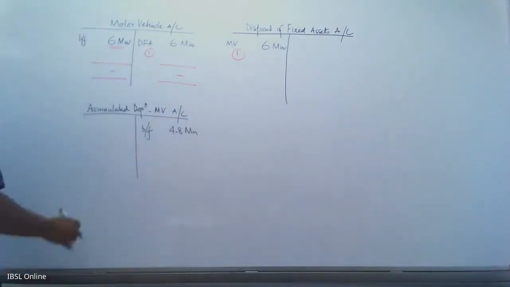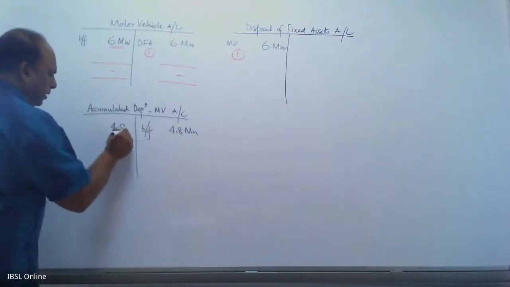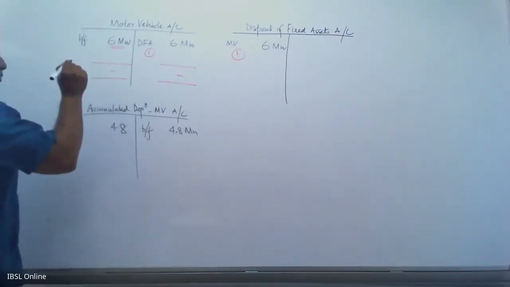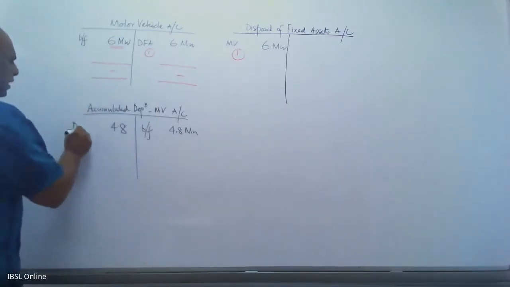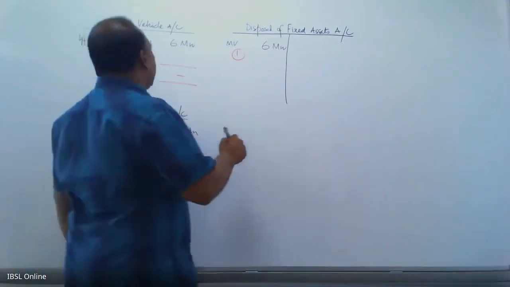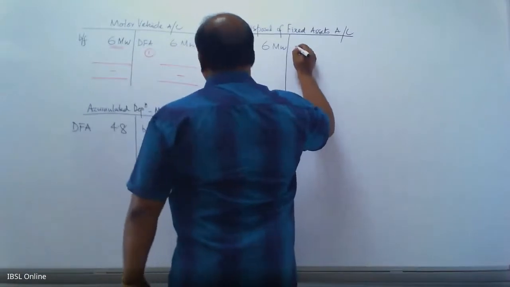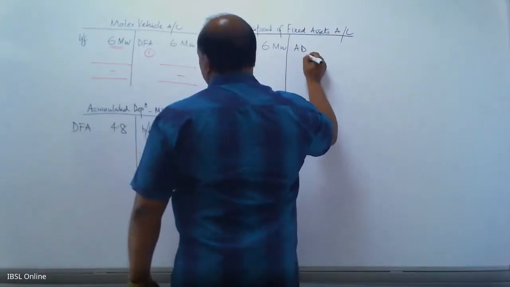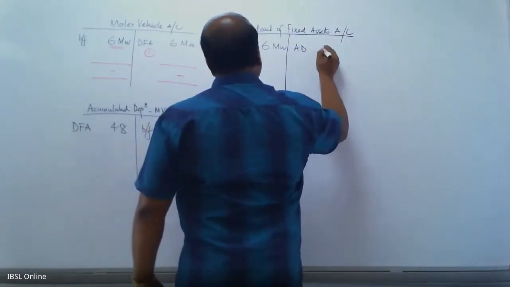I will debit the accumulated depreciation and credit the disposal of fixed asset account, 4.8 million.